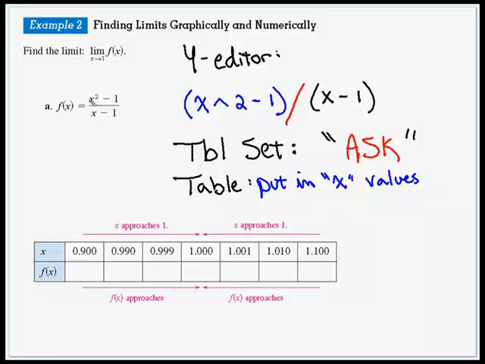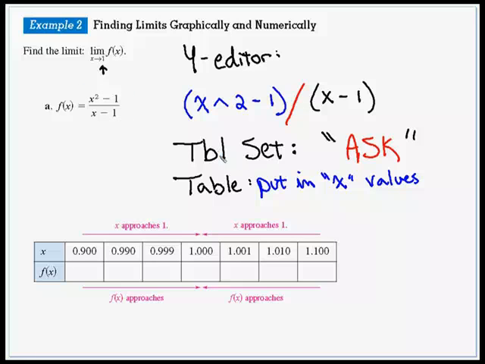So what we're going to do is get real close to plugging 1 in without actually plugging 1 in. And our TI-89s are going to help us make this a little easier. So we're going to go to the Y editor, Green Diamond F1, and we're going to plug in our function. Make sure to parenthesize the numerator and denominator, so when you hit enter it should look like this in your display.